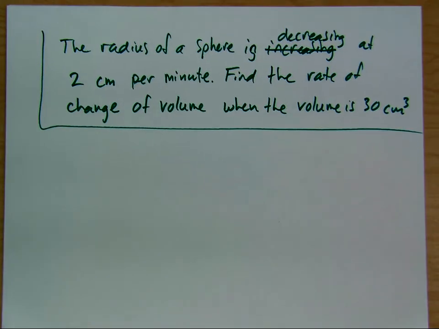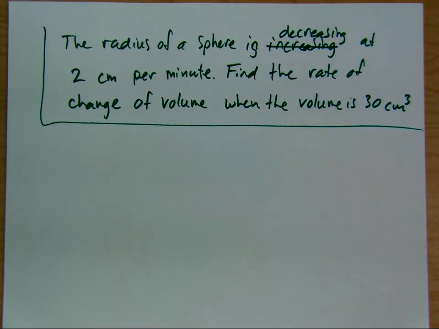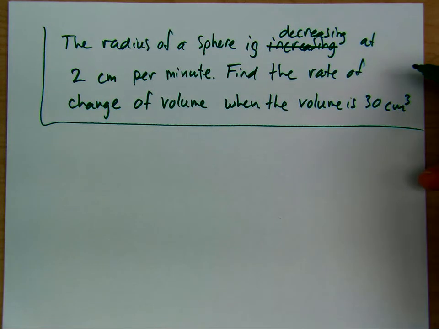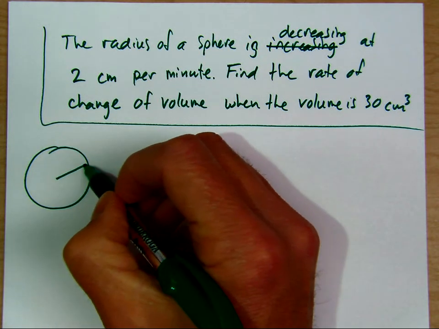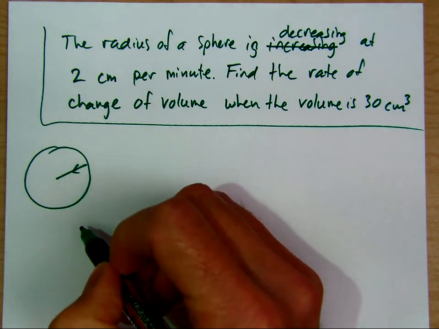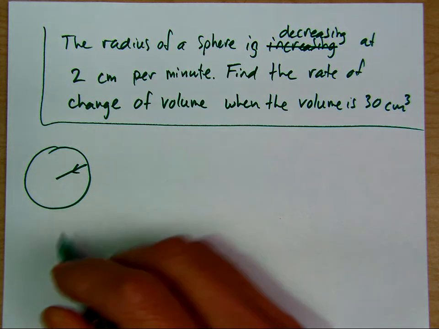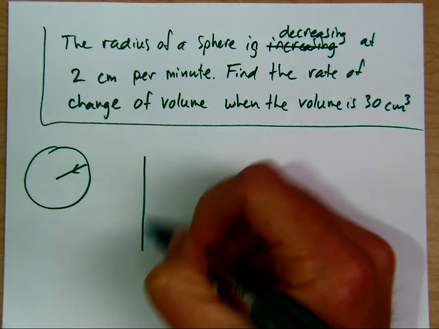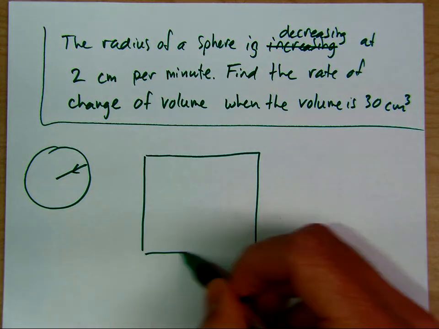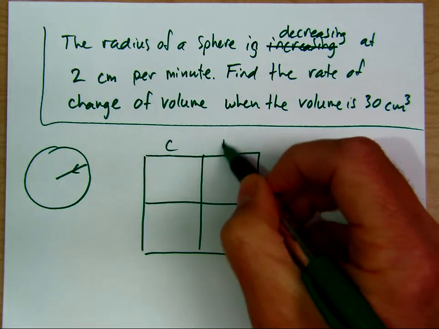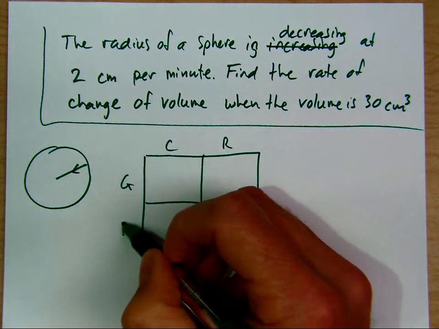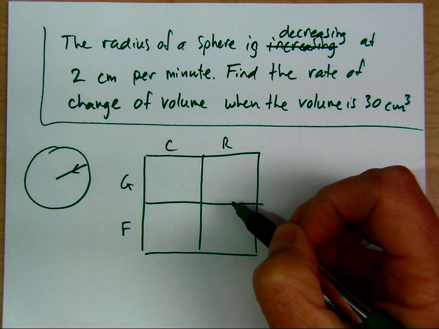So this is how a lot of the related rates problems are asked. They're asked about some geometric shape. So we have a sphere, and the radius is decreasing. Let's organize it. Constant, rate, given, find.